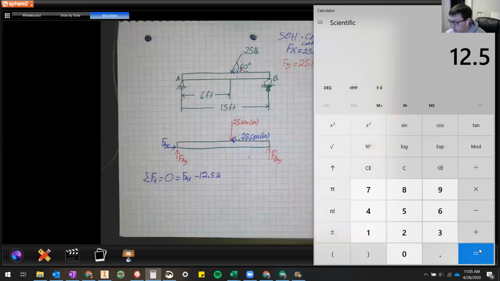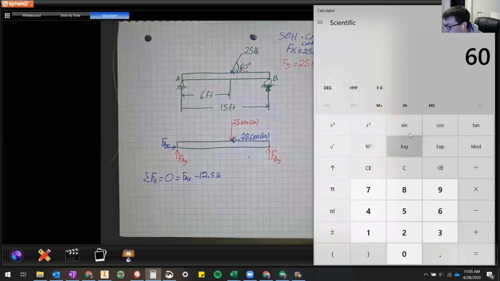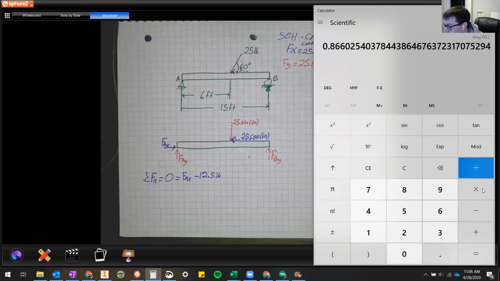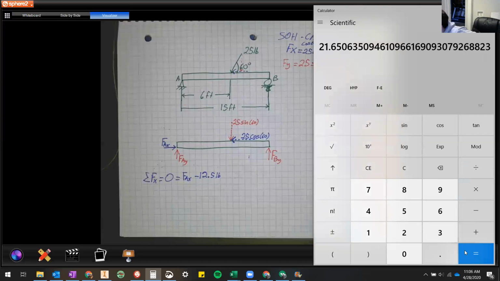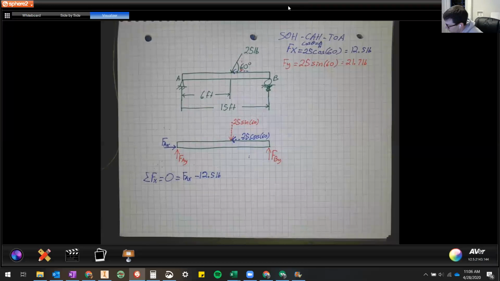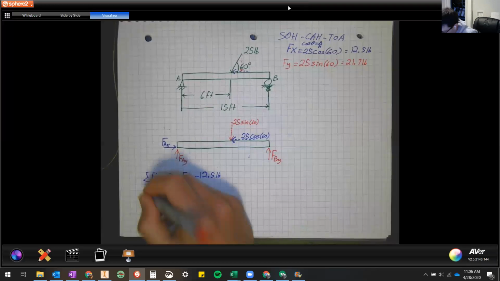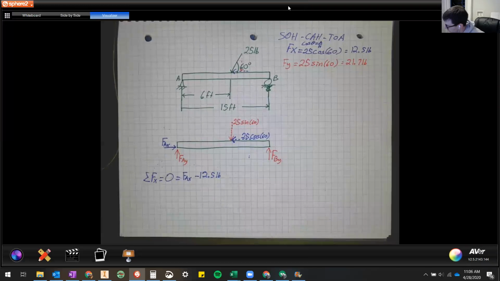And while we're at it, let's figure out sine of 60 times 25. That's going to be 21.7 pounds.